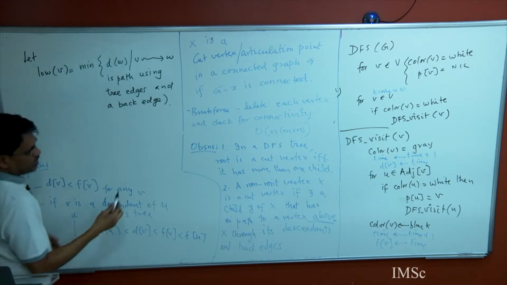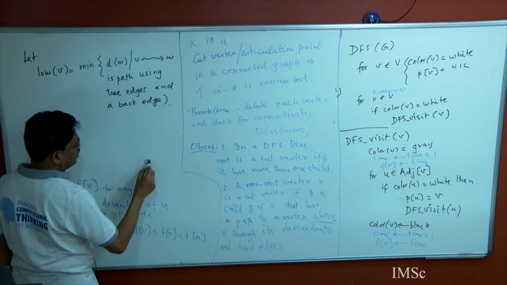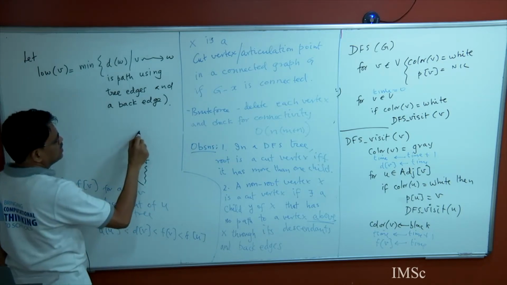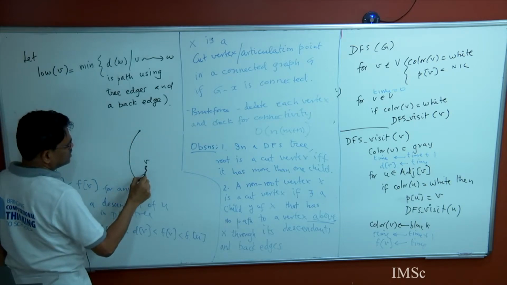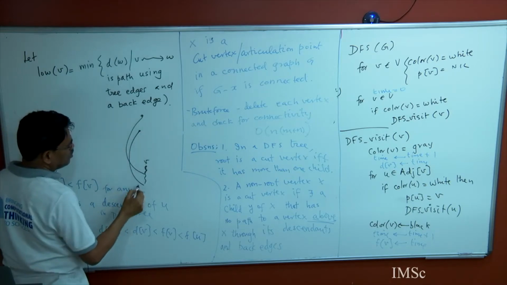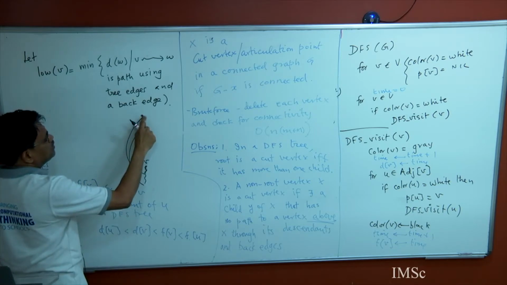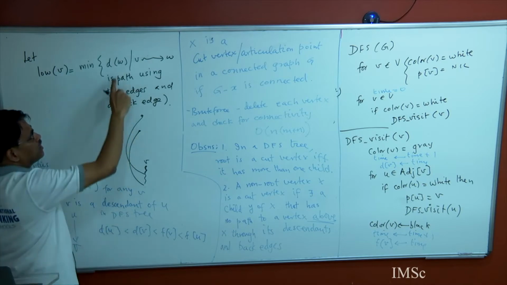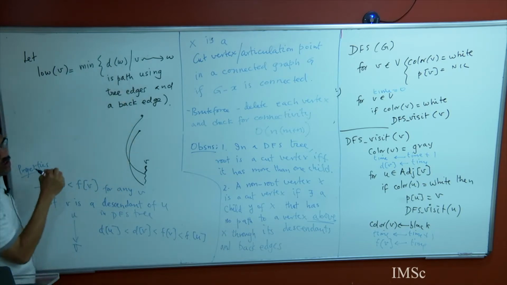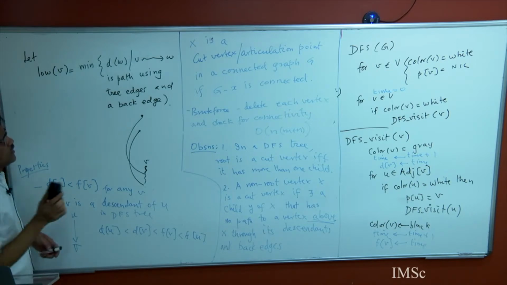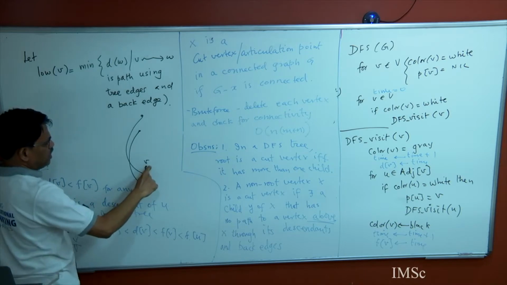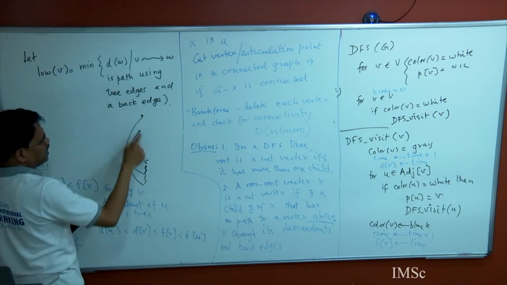For any vertex V, I use some tree edges and then a back edge, and I may go here. So what is the lowest, minimum D value I can reach through such a path from V? That is going to be called low of V. So this is the picture: from V, I'm allowed to use some tree edges and then I'll take one back edge.